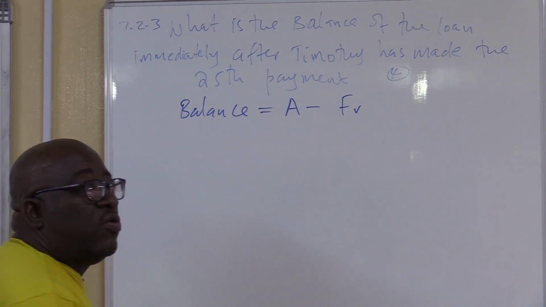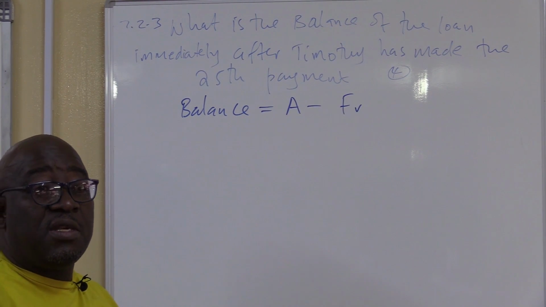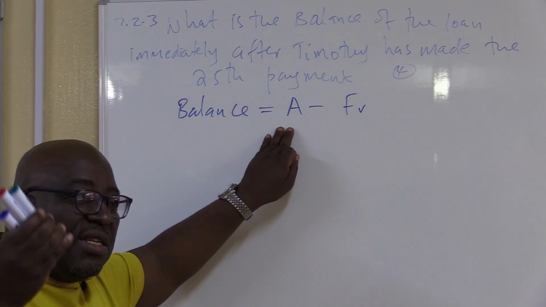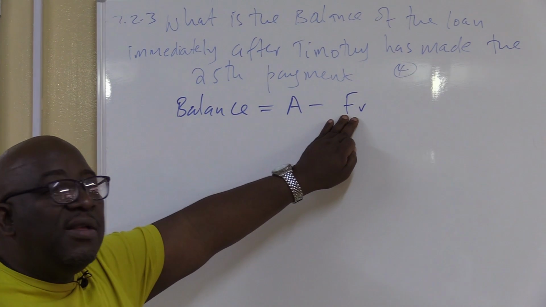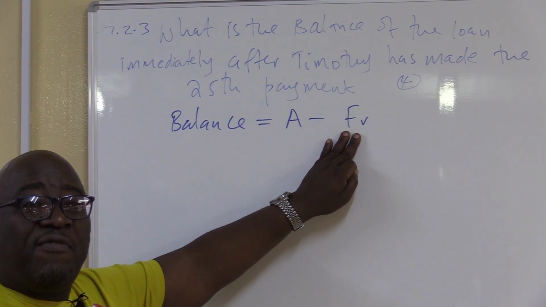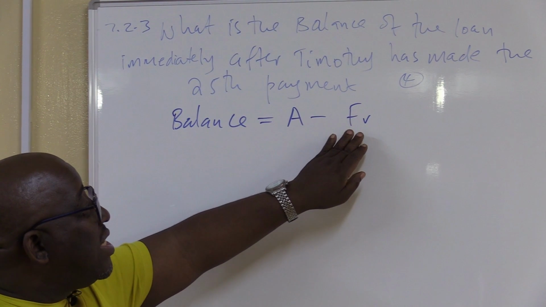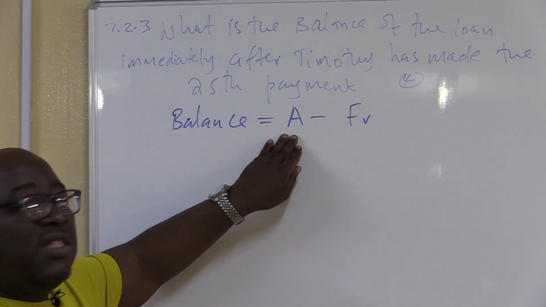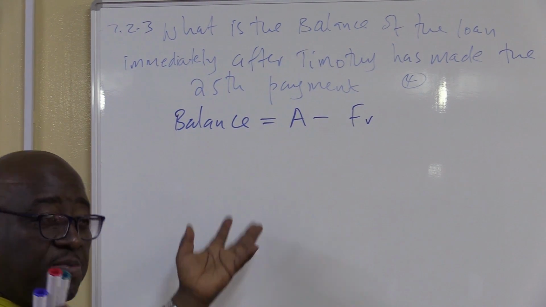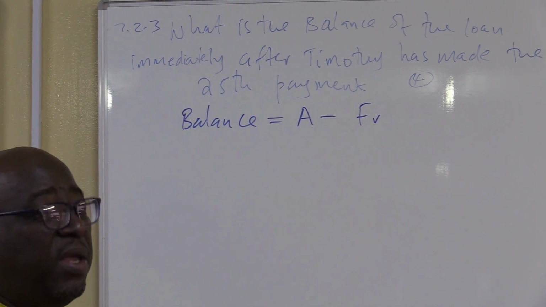This is the formula for the balance. What I'm owing is growing. I'm not paying for it, but I'm investing it somewhere so that I will have some money in future. The future, in this case, is after 25 payments. I will see how much I've invested, and the loan has grown, and I will see how much I owe you. This minus that one. That's what the balance will be.